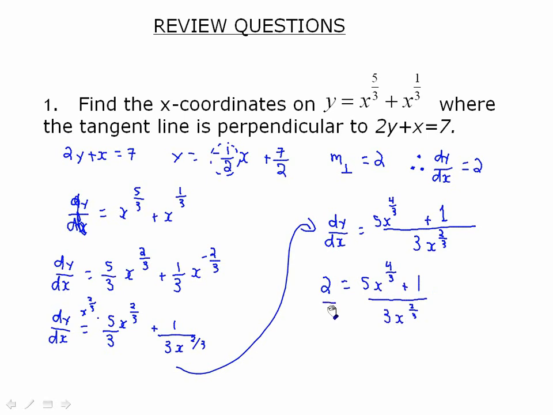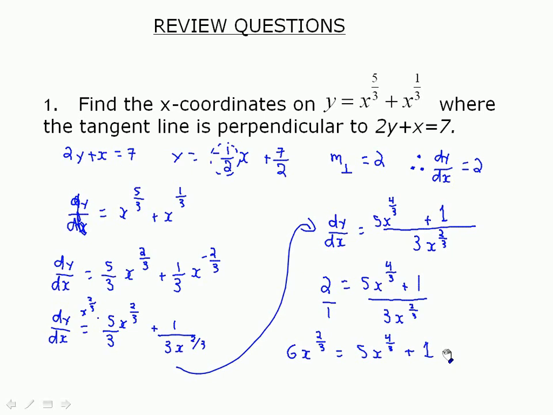Then if we clear our fractions by multiplying both sides by 3x to the 2/3, we'll get 6x to the 2/3 is equal to 5x to the 4/3 plus 1. Before I bring up the next screen, I'm going to remind you that we didn't have to do it this way. We could have taken the dy/dx, not got a common denominator, made it equal to 2, and then cleared the denominators. That would have been fine. But I'm going to stick with this method.